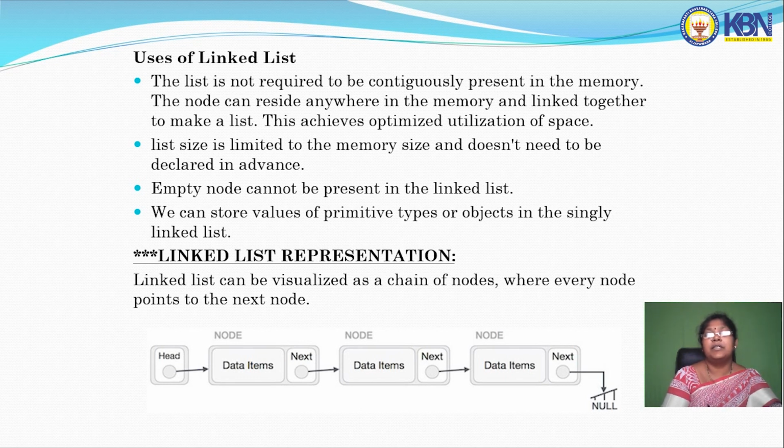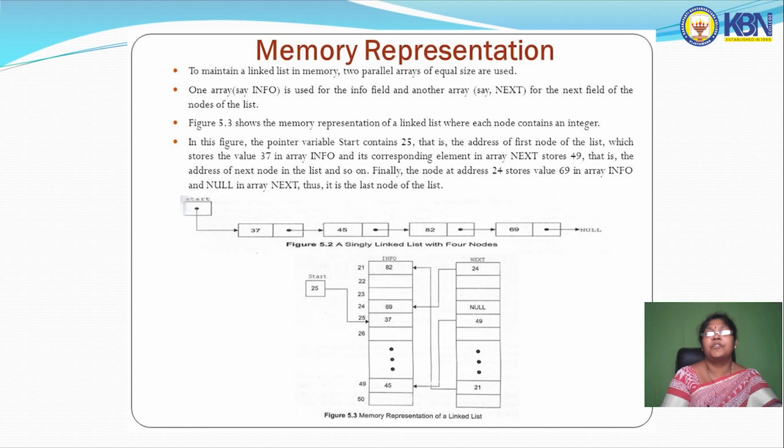See the next linked list representation. See the example: head, data item, afterwards we have a next node item. So data item, next node item. The last one is null, meaning nothing is there. Then go for the memory representation. What is the meaning of randomly storing?